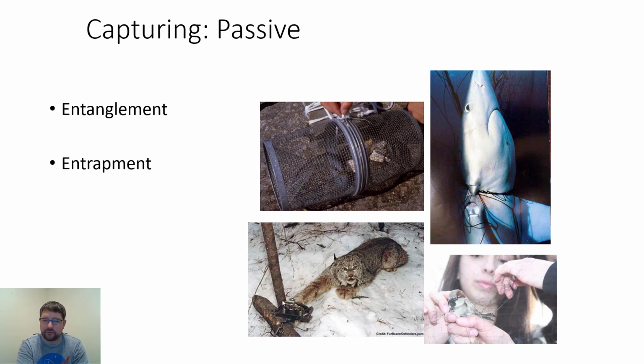Sometimes there's food nearby, and so if you're trying to entrap coyotes or a scavenger or something like that, sometimes a rotting carcass might be in the region. Other times it's just a snare that's in a region that organisms move back and forth, and you're going to capture that organism.